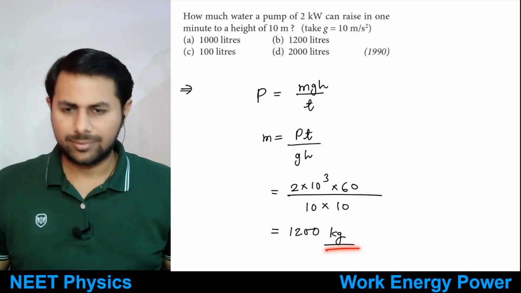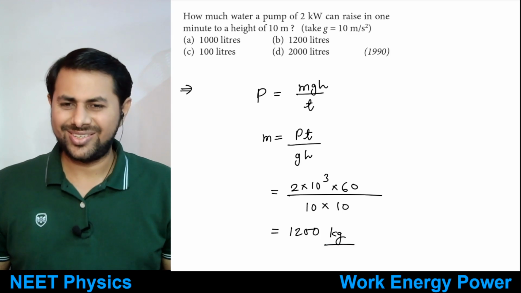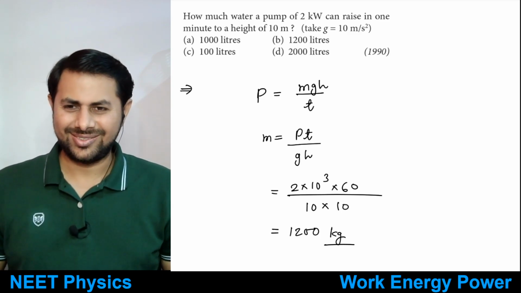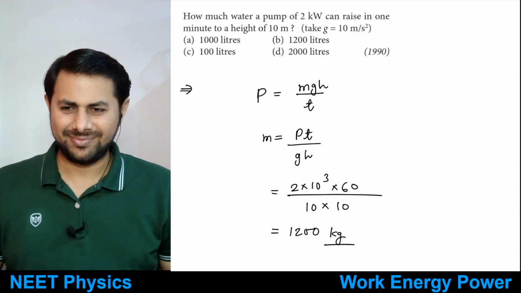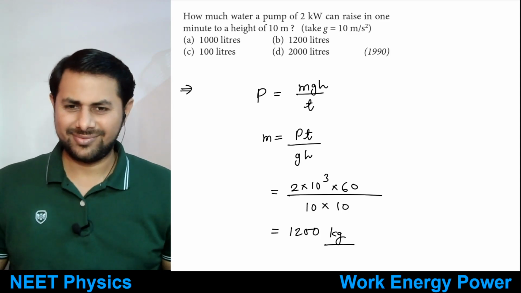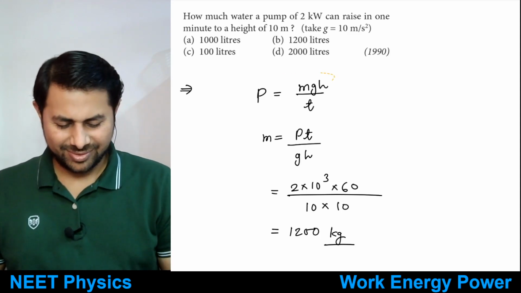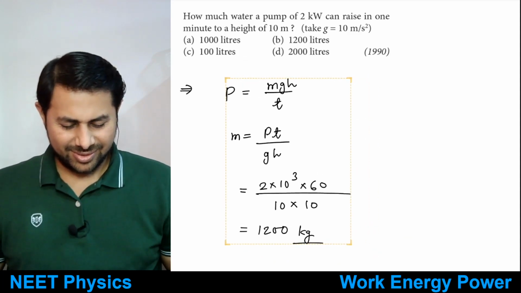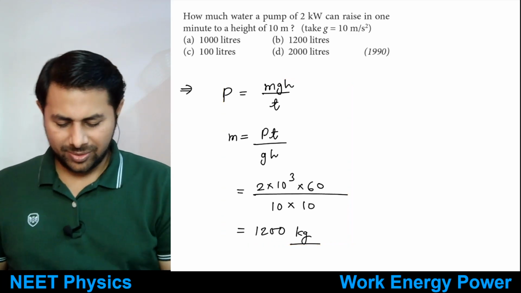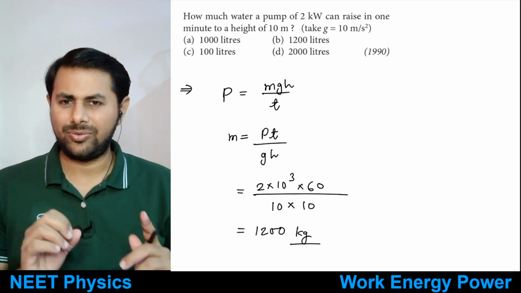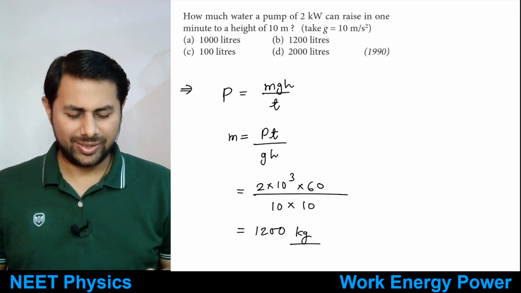Correct. Now how many liters is that? It is 1200 kgs. Yeah, for water 1 kg is equal to 1 liter.